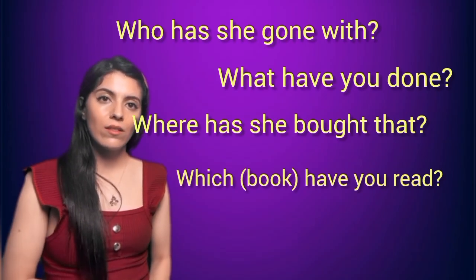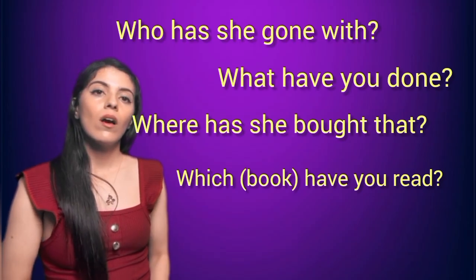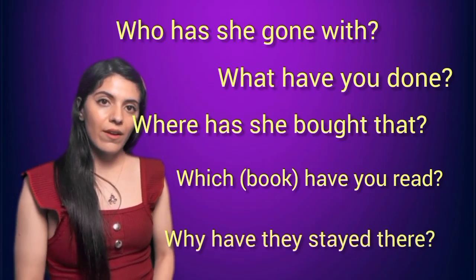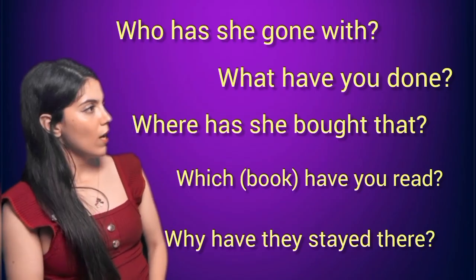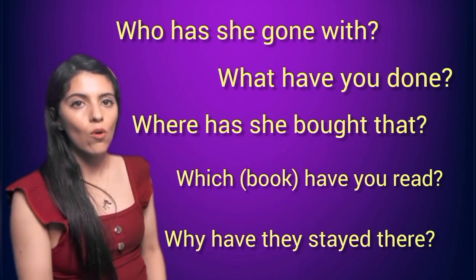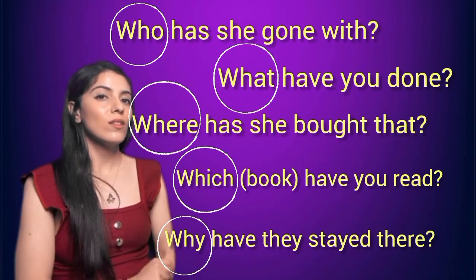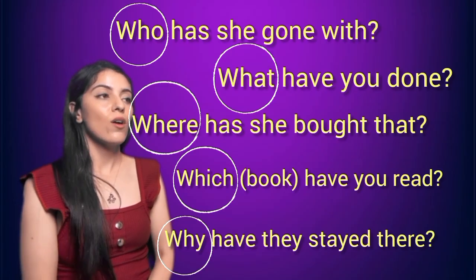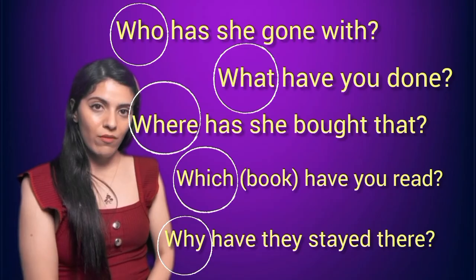Which have you read? Why have they stayed there? As you notice, it's have they stayed there, and we add why, right? It's so simple, it's so easy. And for the answer, we also use present perfect as well.